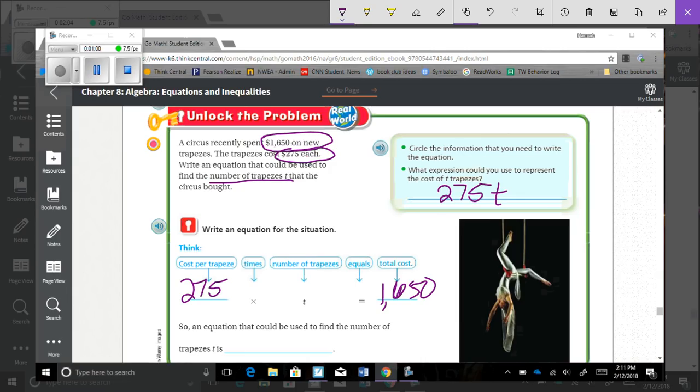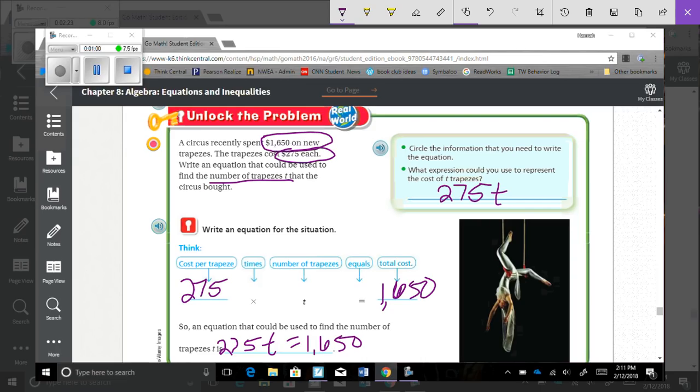So an equation that could be used to find the number of trapeze, T, is 275T equals 1,650.